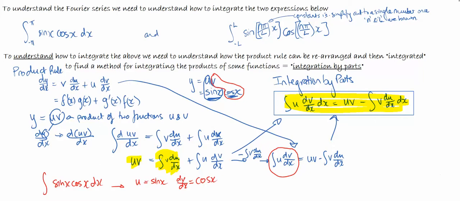And obviously I've selected them that way around because it makes it slightly easier, because when I derive sine I'm not going to get any negatives, and when I integrate cos I'm not going to get any negatives either, because that would have been sine x.